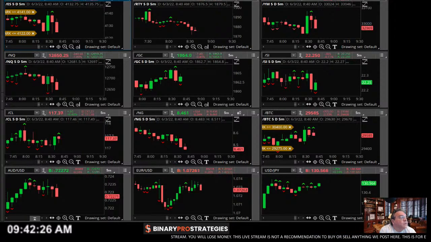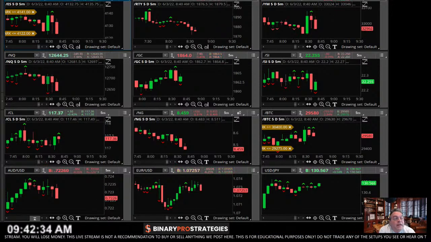All right, ES once again approaching target. 41.22 is going to be that target. Getting a short on YM. YM is going to be your mini Dow.